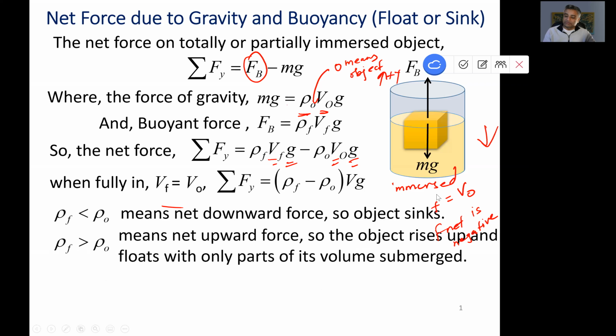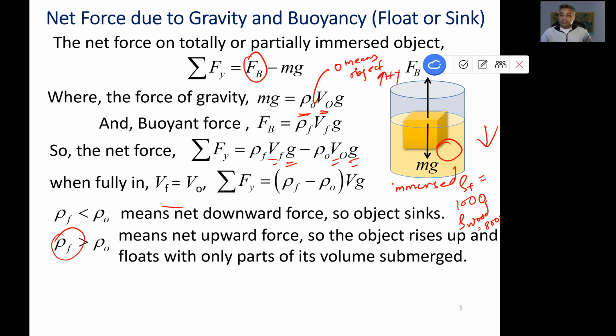So now, let's say you put that object inside, and the density of the fluid is larger. For example, the density of water is around 1,000, and the density of wood is around 800.